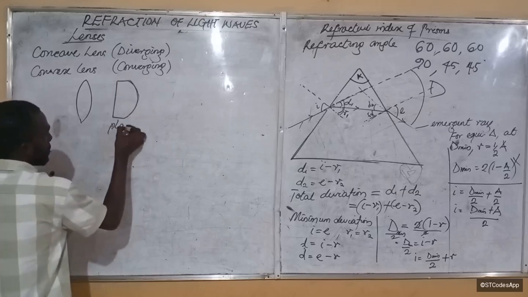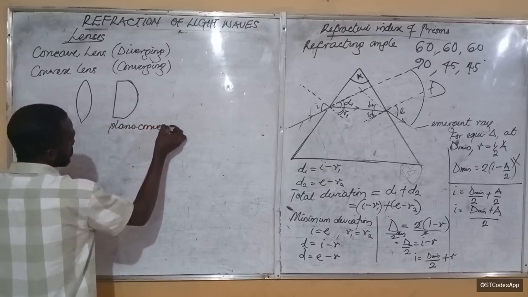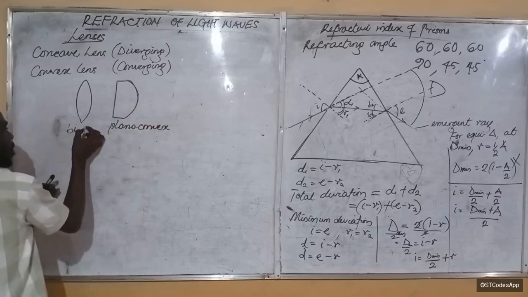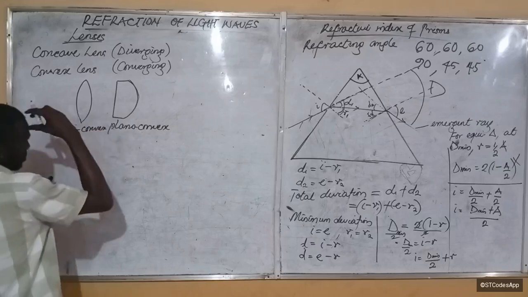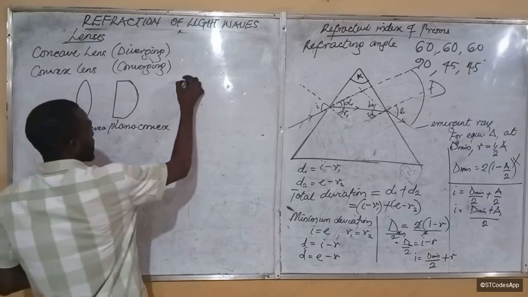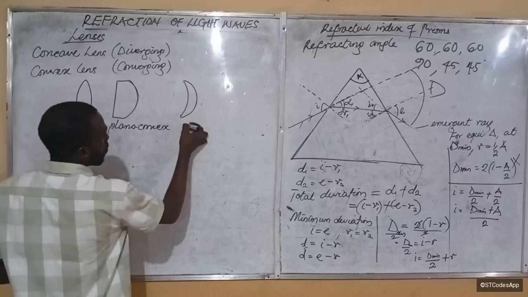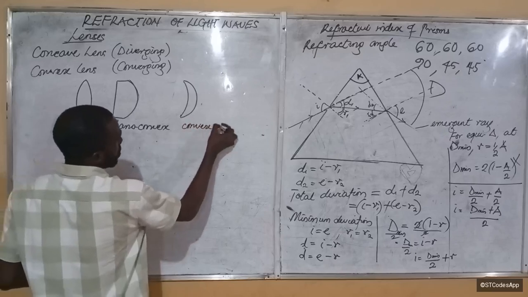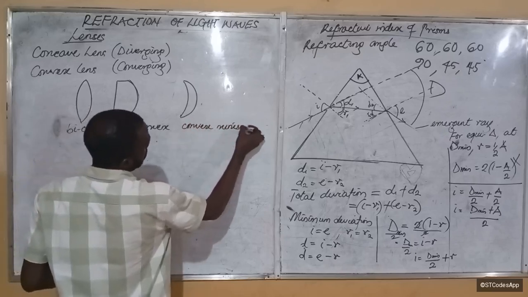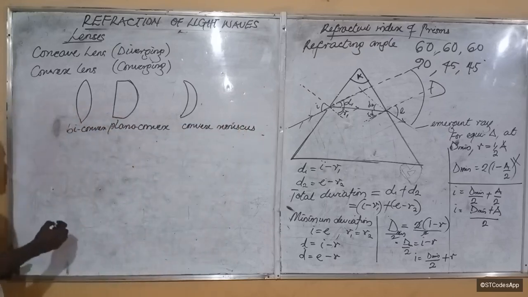This one biconvex. This one plano-convex. What if I now have something like this? This one will now be called a convex meniscus. Okay? What of concave? The same way.